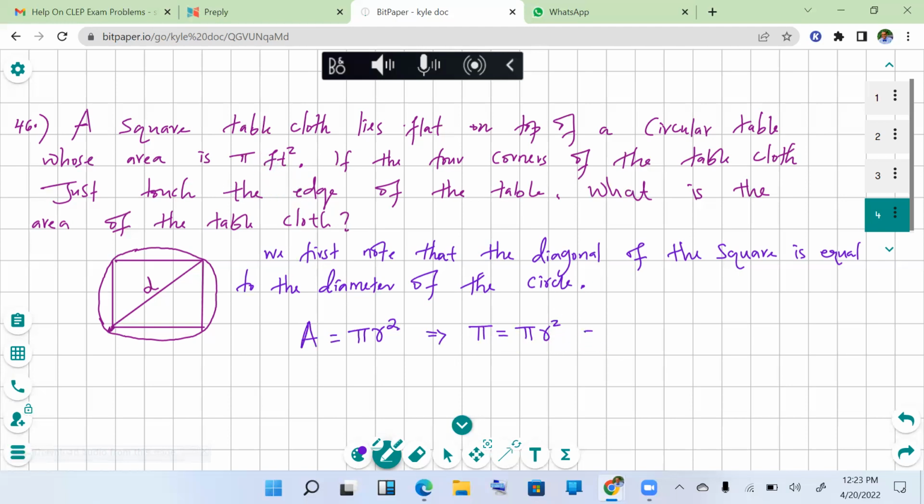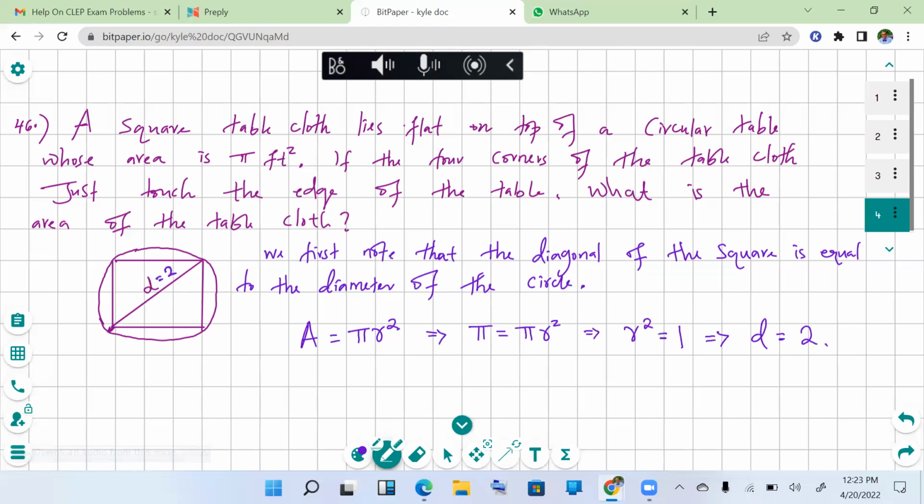If we divide both sides by pi, then r squared is 1, right? And this would mean that the diameter D is going to be 2.